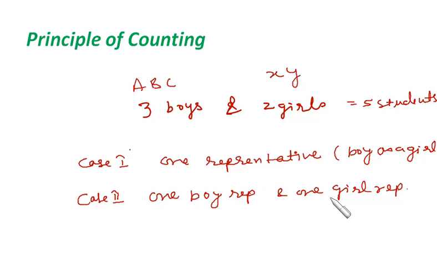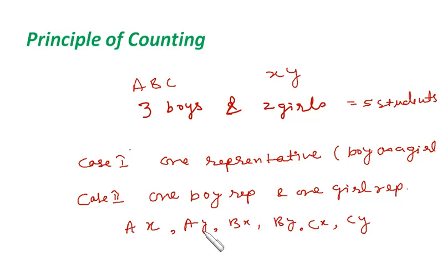Now I am choosing two, right? Now there will be combinations of the girls and boys, right? So what are these combinations? See, boy A, girl X. So AX, then AY, then BX, BY, then CX, and then CY.